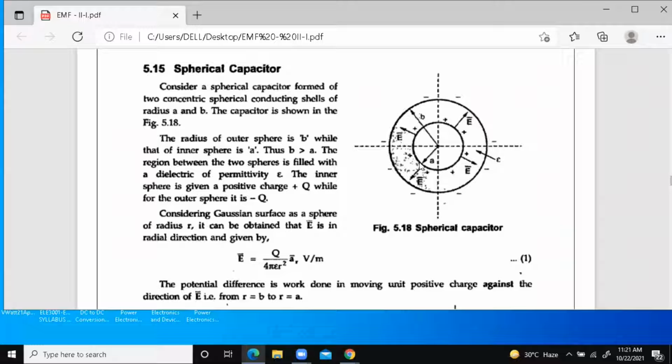So dl, the distance between here and here, is dr a_R, where dr is the differential length and a_R is the direction.